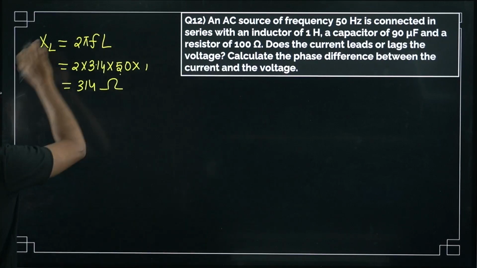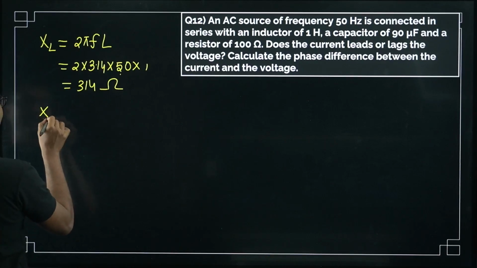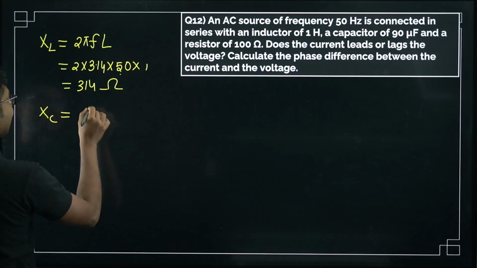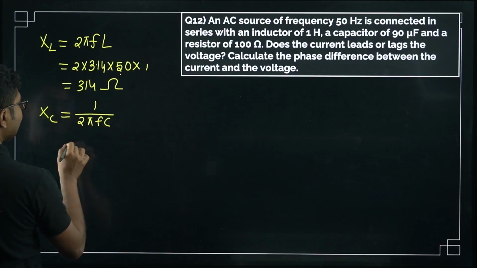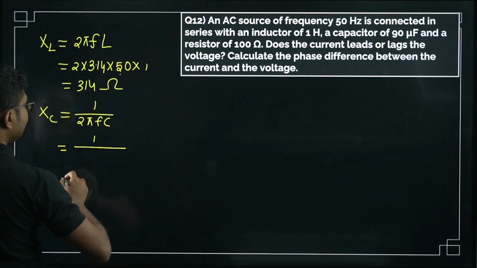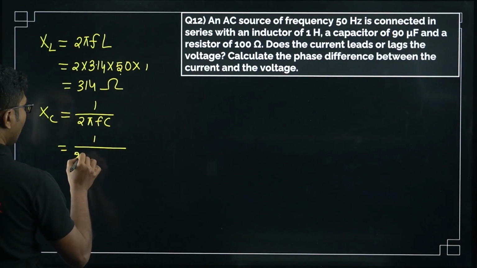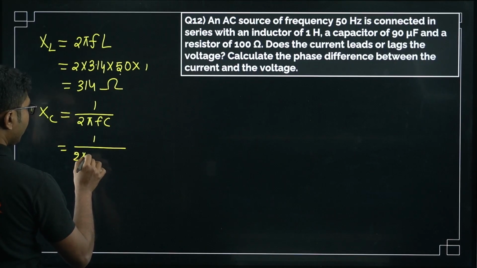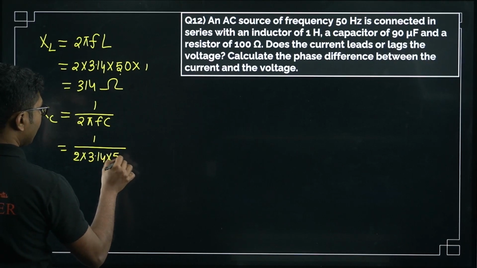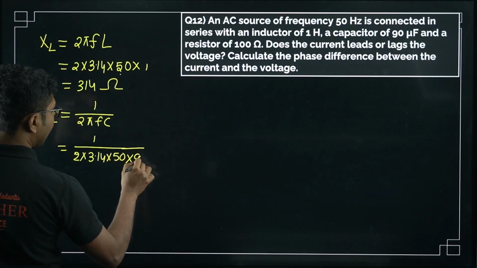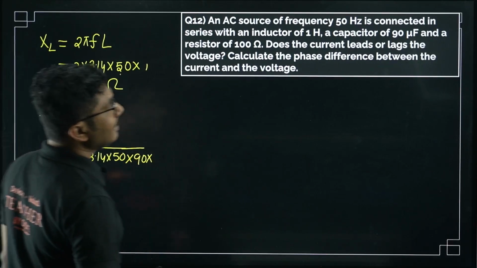Now once you have calculated XL, this is not done yet, you have to calculate XC as well. So 1 by 2 pi FC. So what is C here? 2 into 3.14 into F is 50, and it is 90 into 10 to the power of minus 6 for 90 microfarad.